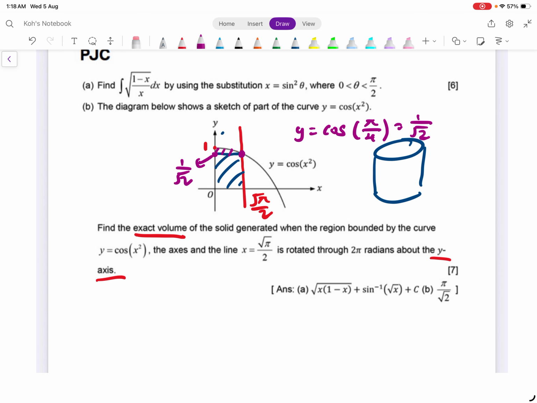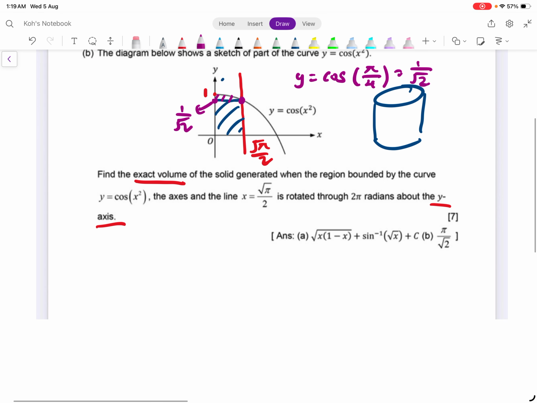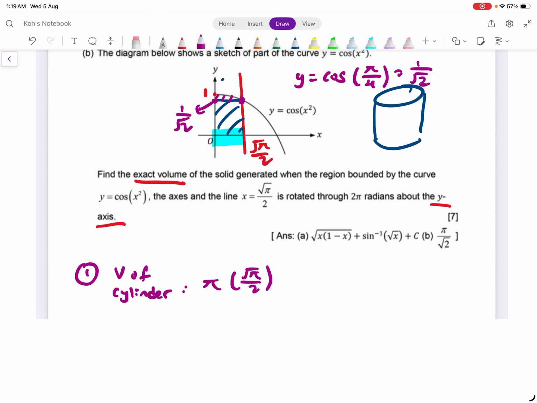Okay, with this, let's do the calculation for the cylinder first. For the cylinder, we don't need to do the integration. We simply use pi r squared times height. So our r will be square root pi over 2, squared, then you multiply by the height, which is from here all the way to here, 1 over root 2.